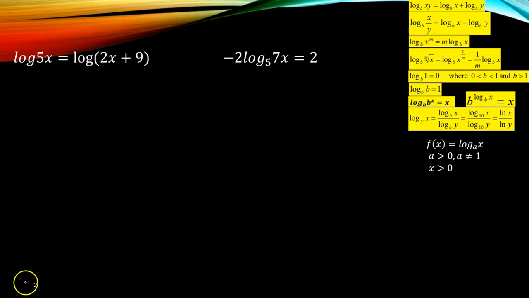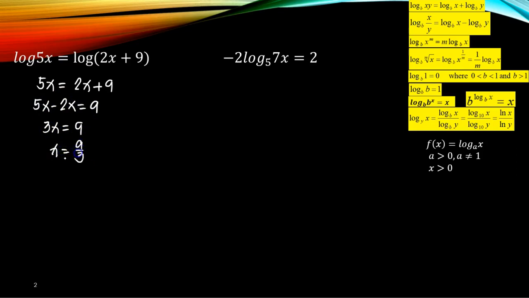For the first one, since both of them are base 10, we can raise both of them by 10, or since both of them now have the same base, we can just say that 5x is actually equal to 2x plus 9. And then transposing, this becomes 5x minus 2x is equal to 9, or 3x is equal to 9, x is equal to 9 over 3, or simply 3.